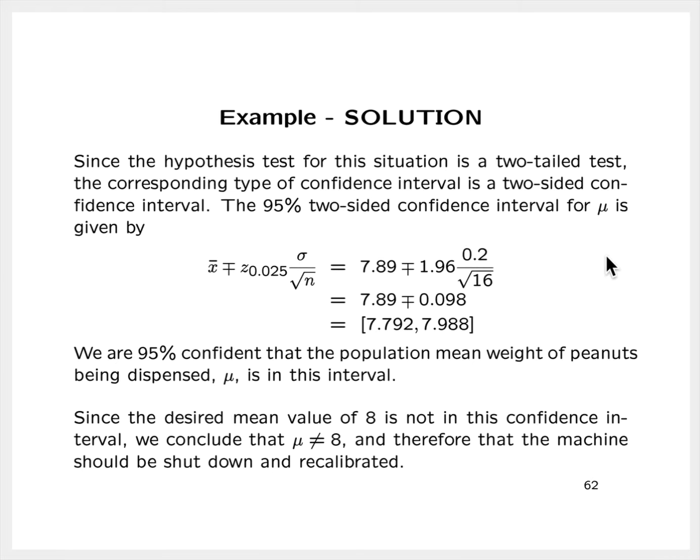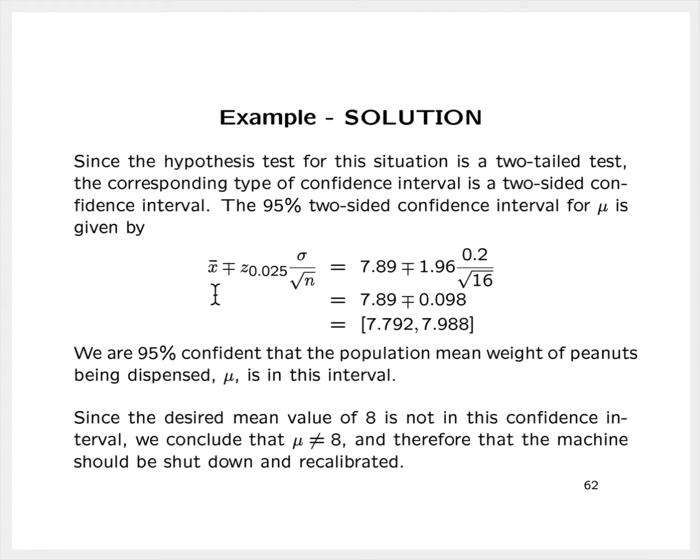And so in order to have a corresponding confidence interval, the confidence level needs to be 1 minus alpha, where alpha is the significance level of the corresponding hypothesis test. Because alpha was 0.05, the confidence level needs to be 1 minus 0.05, times 100%. And so that's where we get this 95% confidence level.